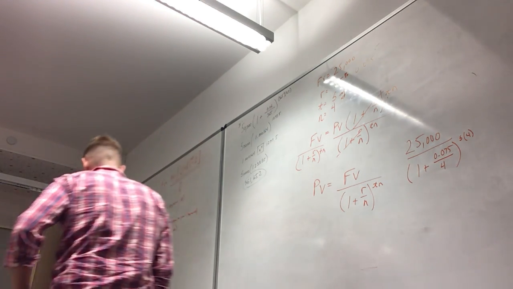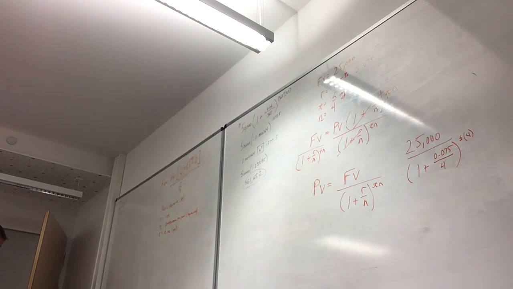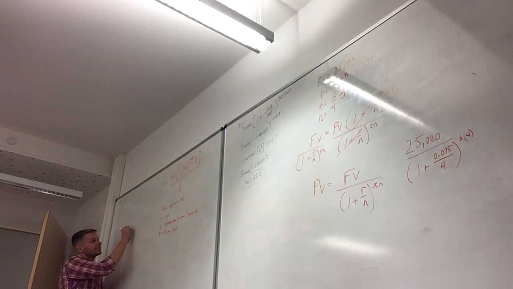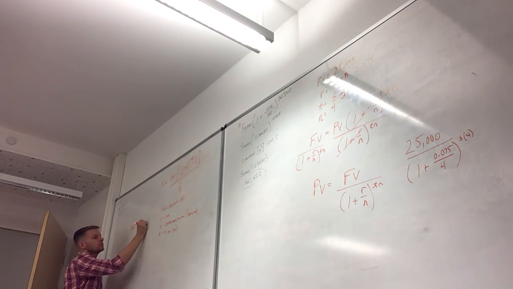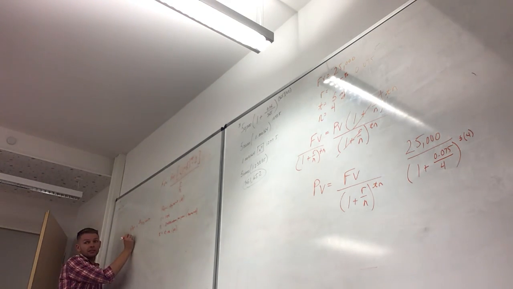So starting right now, assuming you can get this interest rate, which you never will, if you put aside $400 a month at 5%, compounded monthly so that would be n is 12, for 30 years.